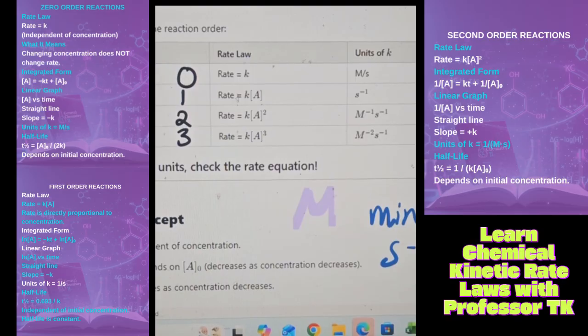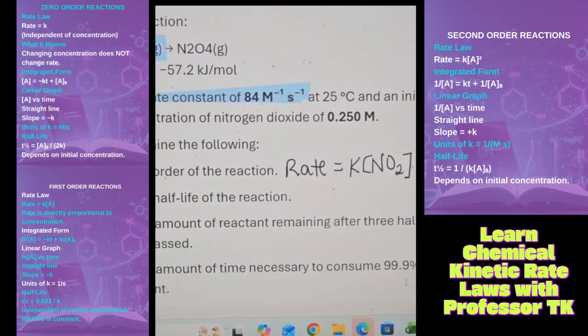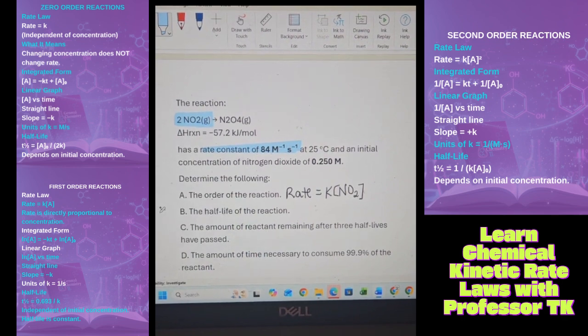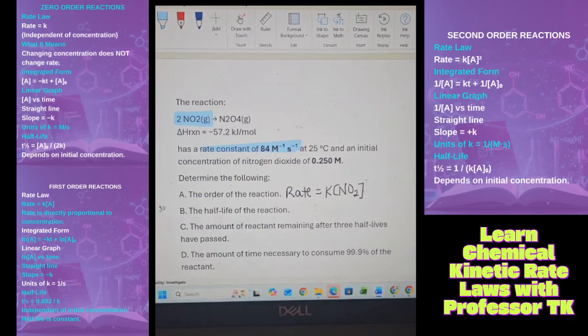So even though you'll look at your problem and say, okay, let's see what I got here, also know that your rate constant units tell you the story. And in this case, you're going to say second order, because of these units right here.